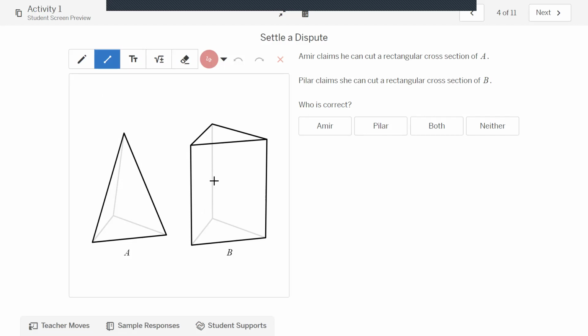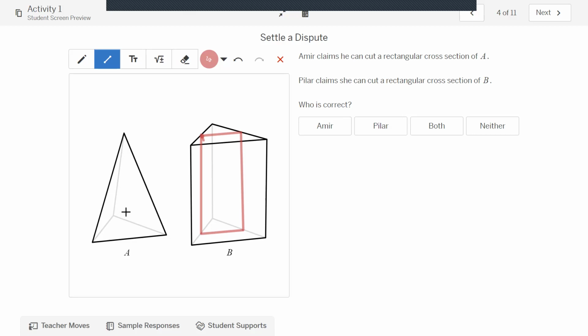That's a rectangular cross section. Yep. Think about this. I do this here. Oops. Yep, there's a rectangle. What about here?